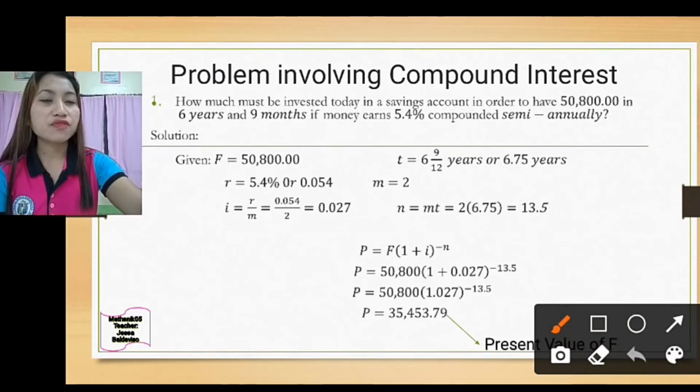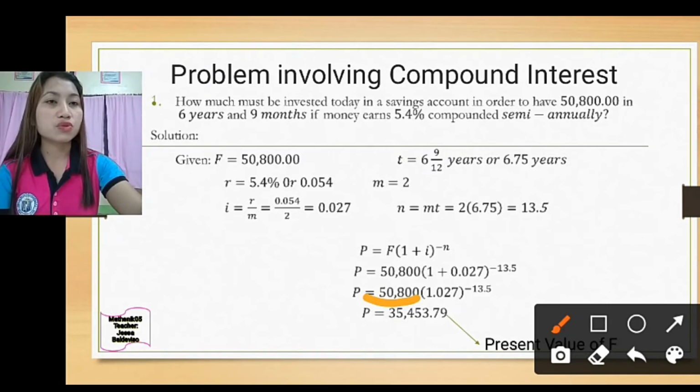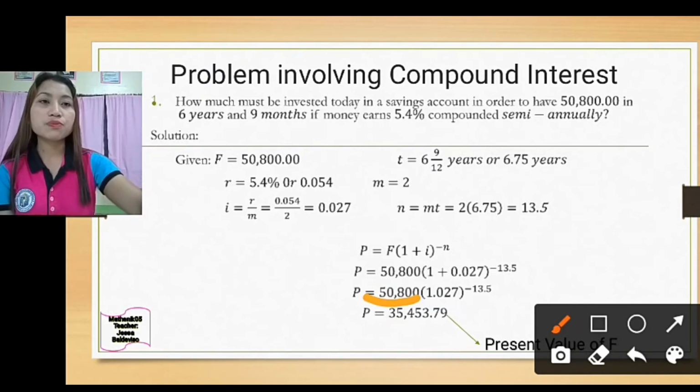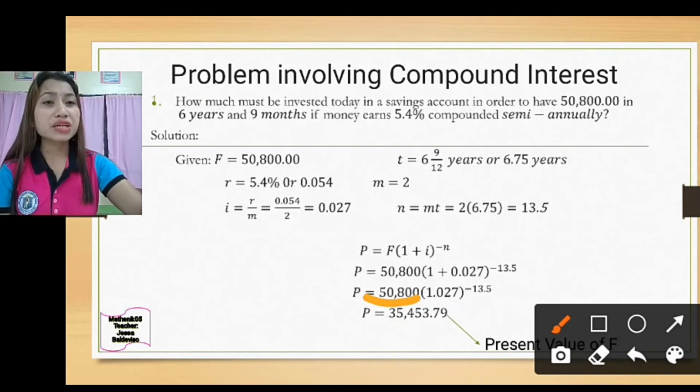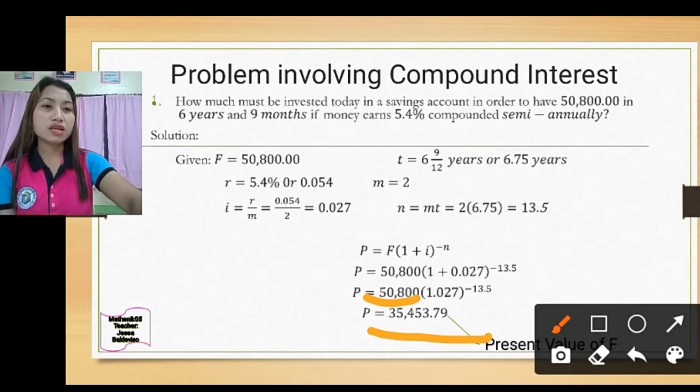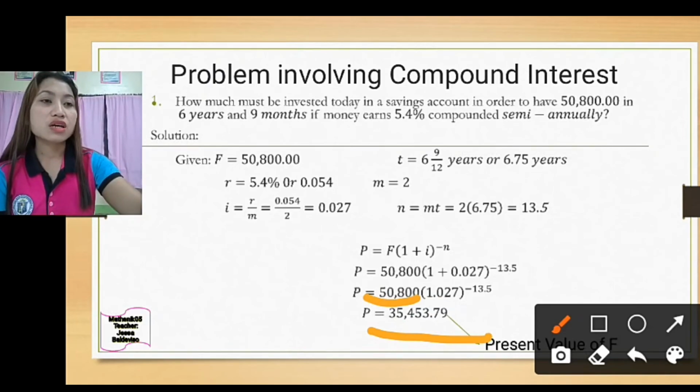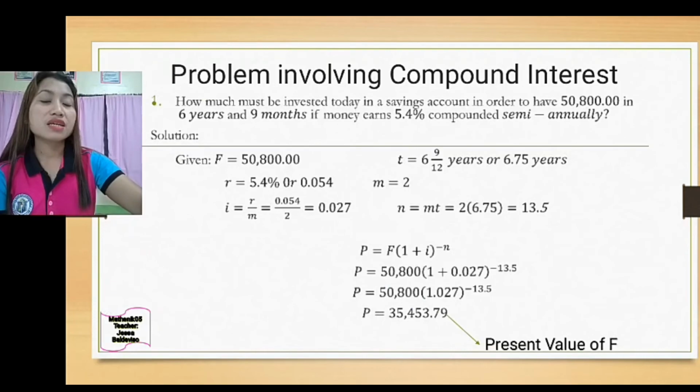We have here 50,800 and then 1 plus 0.027. The answer is 1.027 raised to the exponent of negative 13.5. So when you multiply that, the answer is 35,453.79. So that is now our present value of F.